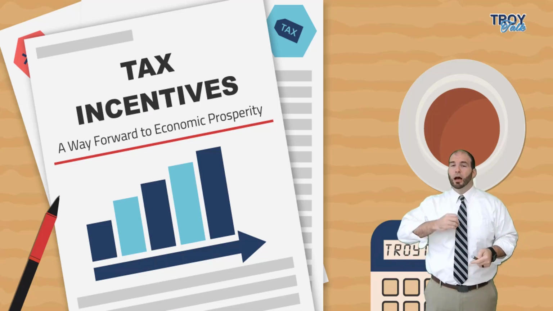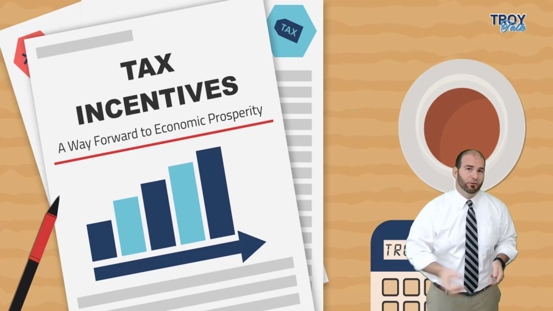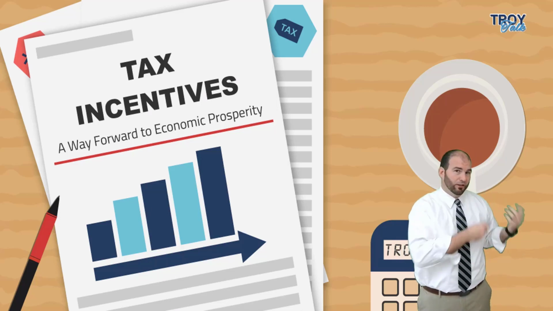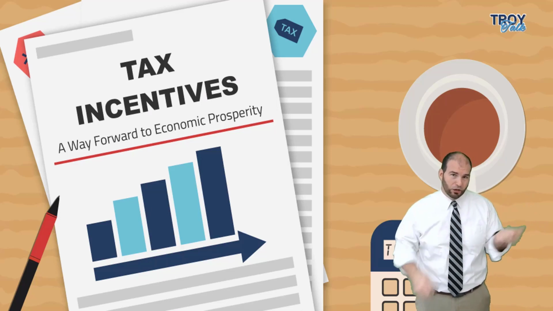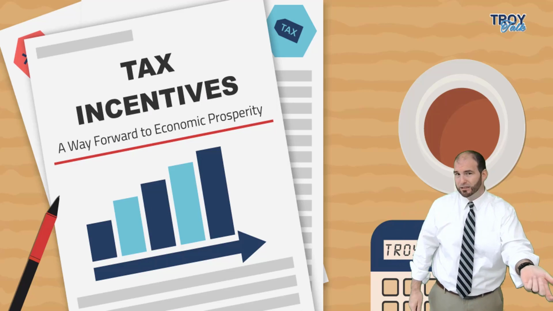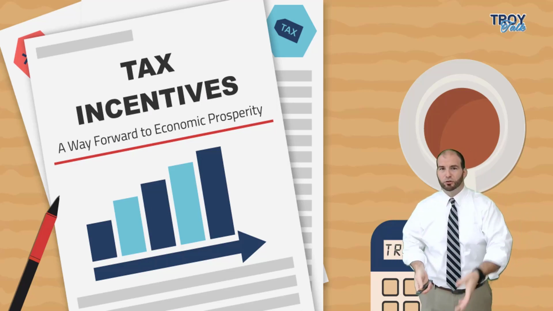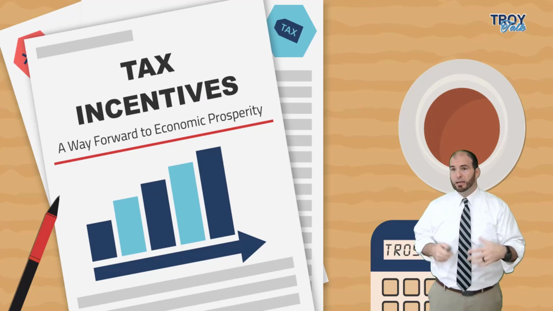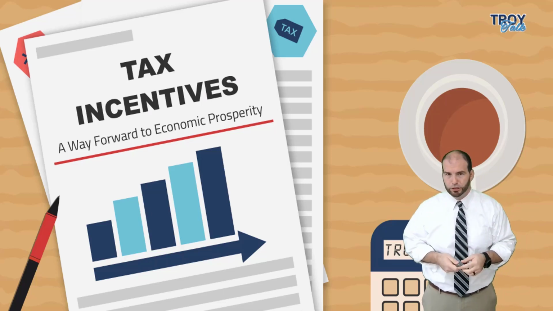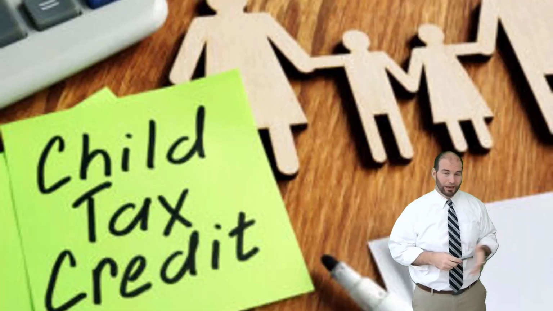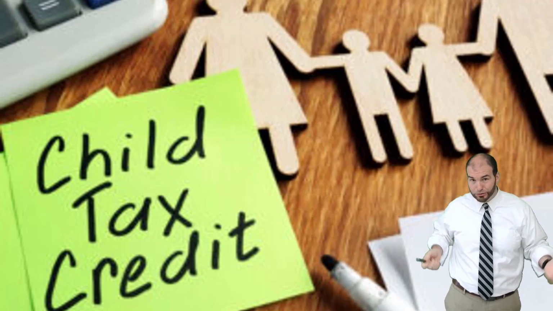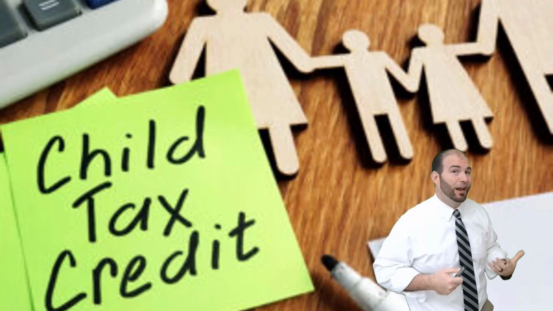To encourage these behaviors, they give an incentive in the form of tax breaks, meaning you don't have to pay as much taxes if you do some of these behaviors. Some of them you might not realize that the government really wants you to participate in. One of the biggest and most widely used tax breaks is the child tax credit.